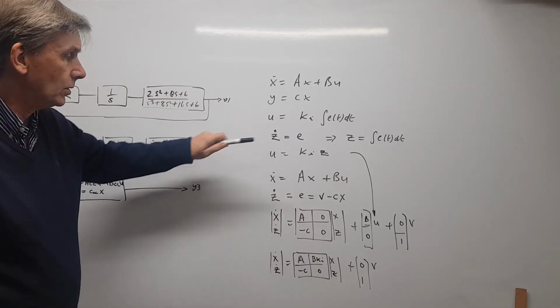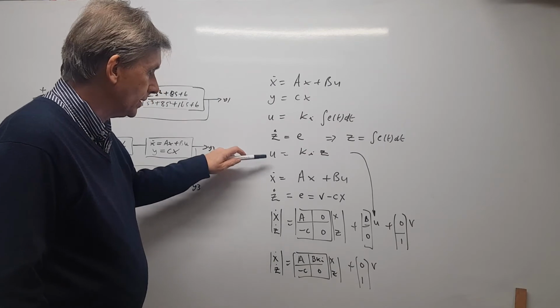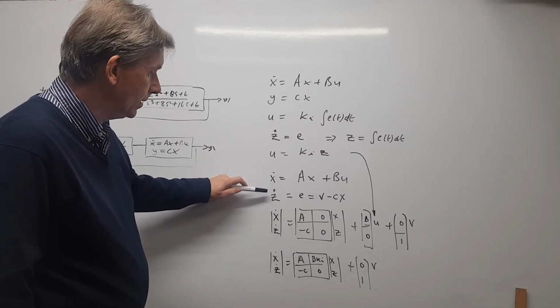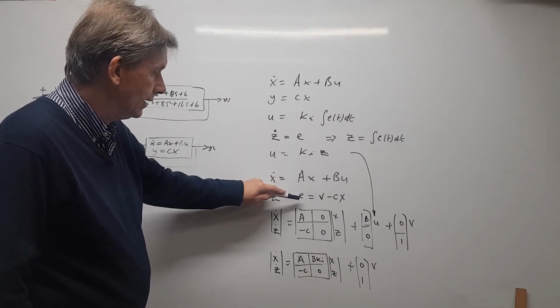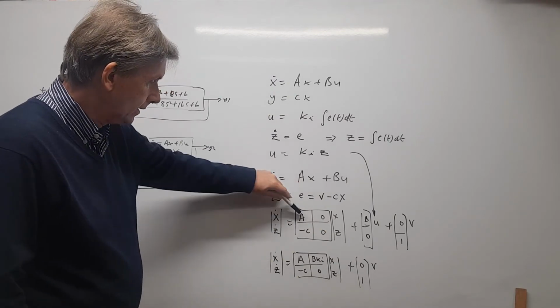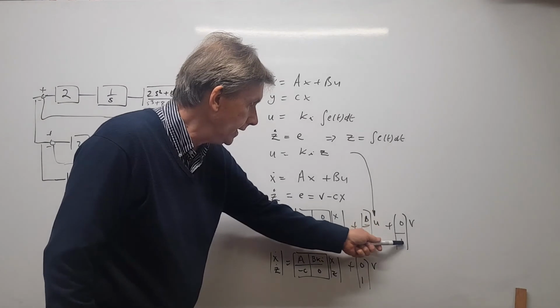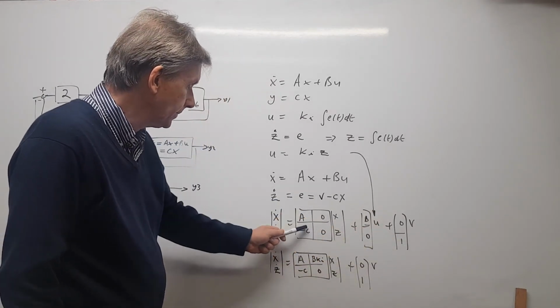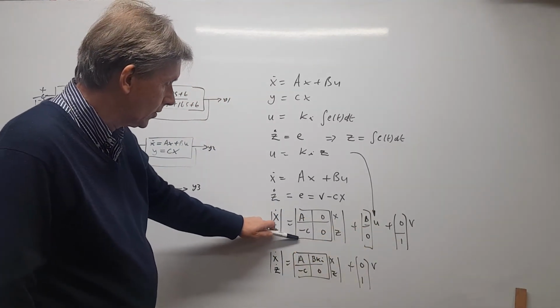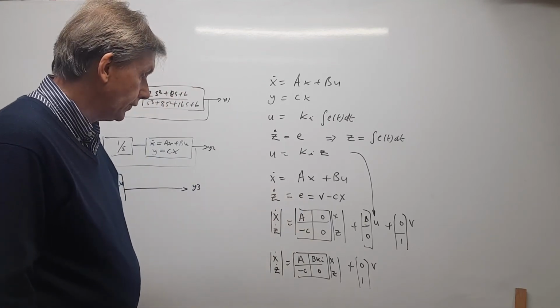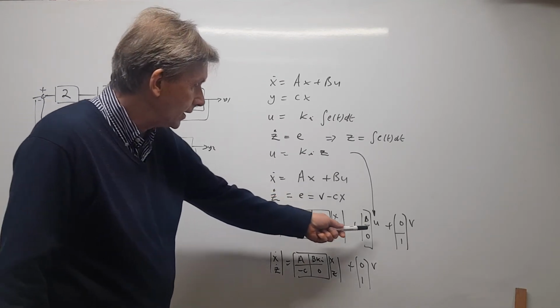So this is our integral controller, and if we now put, here's our X dot is Ax plus Bu, Z dot now is E, which is V minus Cx. So X dot is Ax plus Bu, Z dot is V minus Cx. So that's that one. So let's just grow now to, in this case, a 4 by 4. Then we have to put the control law in.